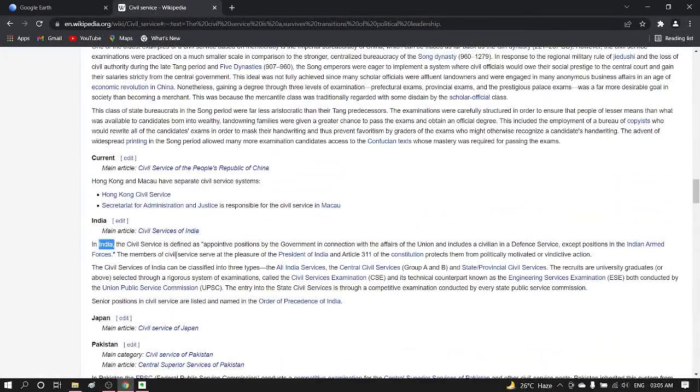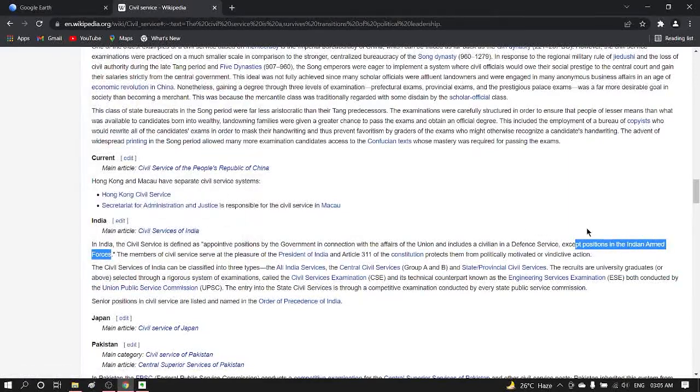In India, the civil service is defined as appointive positions by the government in connection with the affairs of the union and includes a civilian and a defense service. Okay, civilian means maybe a spokesperson in the defense services, armed forces headquarters, civil service and all. So government in connection with the affairs of the union as well as the civilians in defense service, except positions in the Indian armed forces.